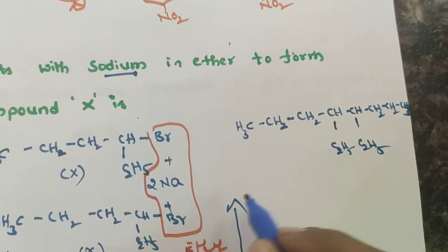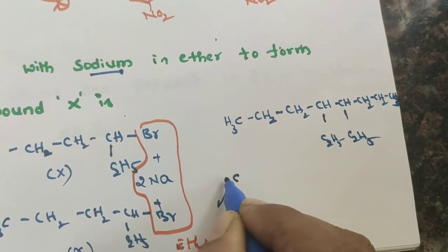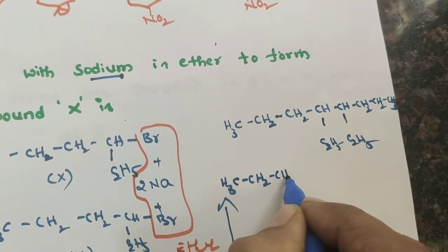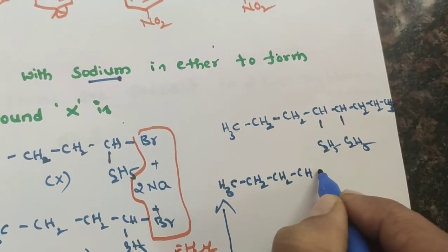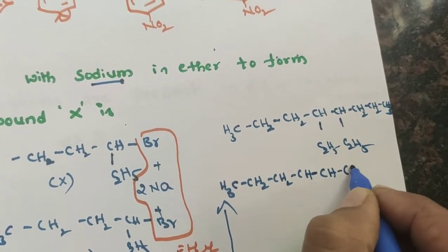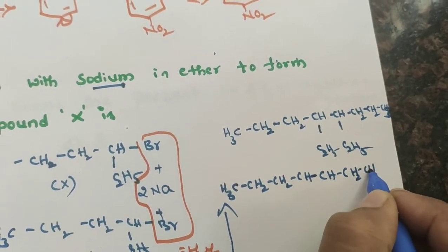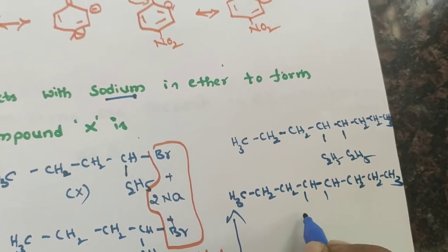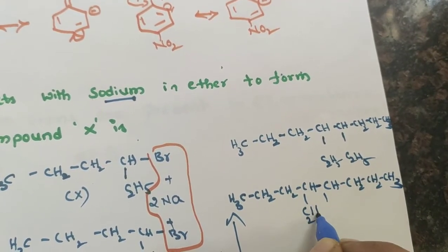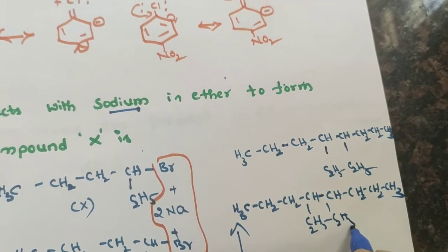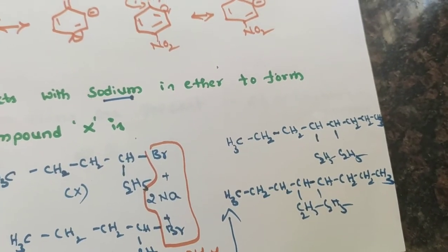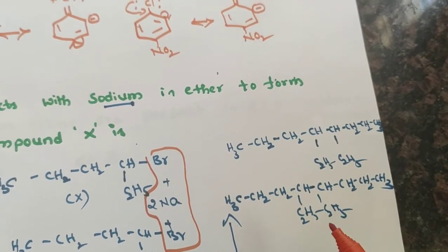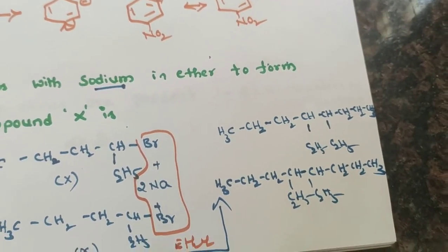If you do not have clarity, once again I will write here CH3, CH2, CH2, CH, CH, CH2, CH2, CH3. So here there is a substitution of C2H5, C2H5. Then what is the name of this compound? It is called 4,5-diethyloctane. How is it?